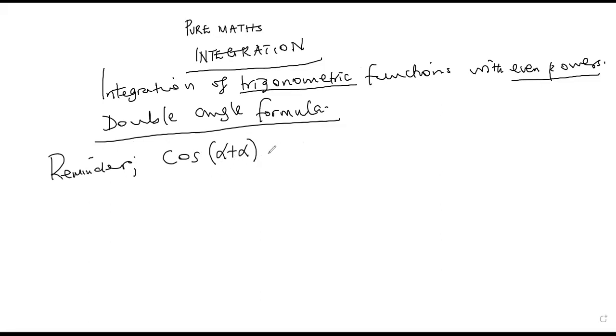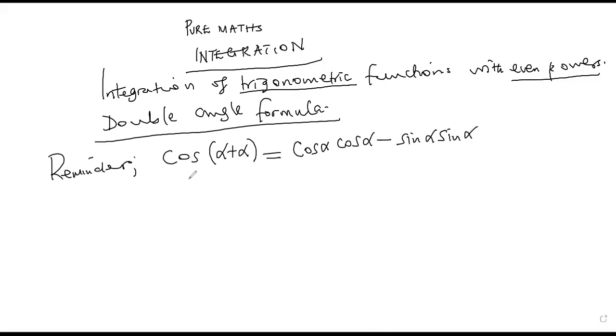I want you to remember the expansion of the cosine when we are adding: cos 2 alpha. It seems as if it is cos 2 alpha, but let's expand. It is going to be cos alpha cos alpha minus sine alpha sine alpha.